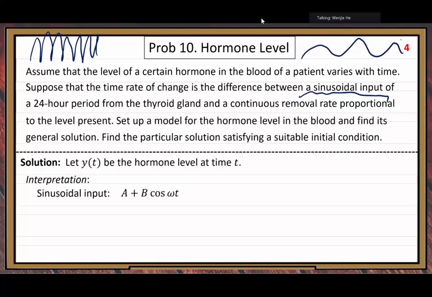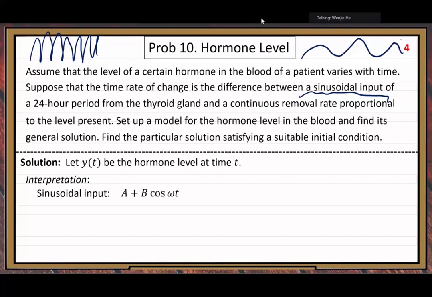But the difference is that A and B could be different, so you need to adjust the location. A is the horizontal location, B the magnitude, because your sine function has some magnitude.